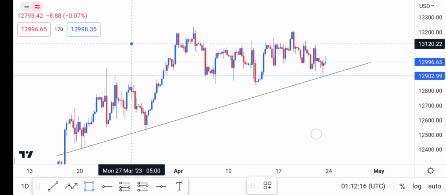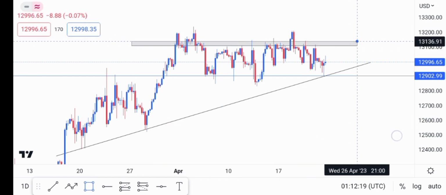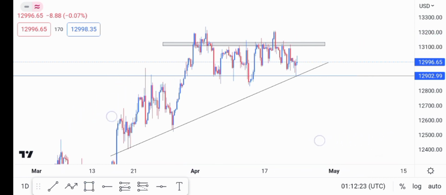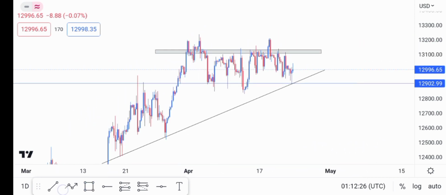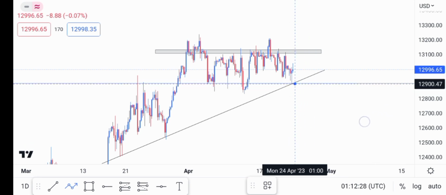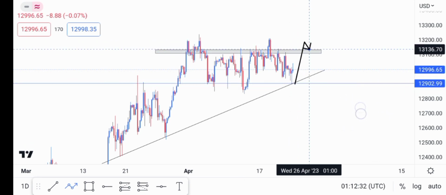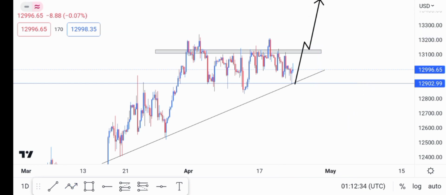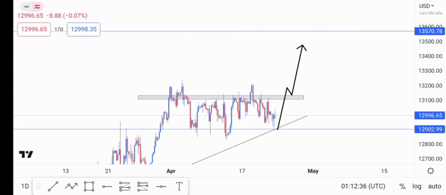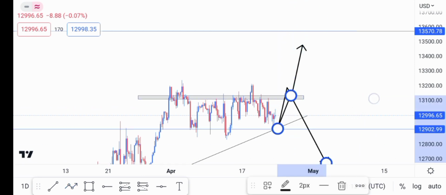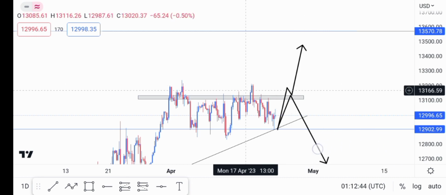But also bear in mind this level here. That's what I've been trying to show you guys. This level here has been respected, so we could anticipate buyer movements, but we may see some movement occurring before pushing to the upper side if we happen to break. Or maybe we're going to come here and just bounce off to the lower side due to this level over here.